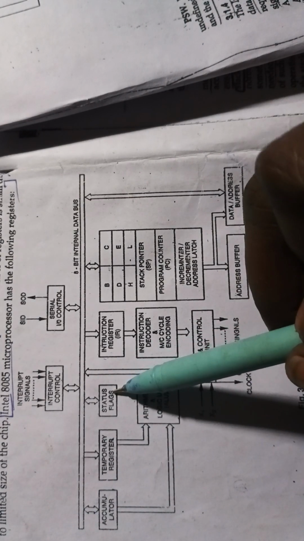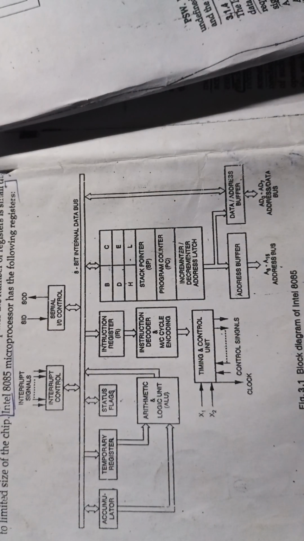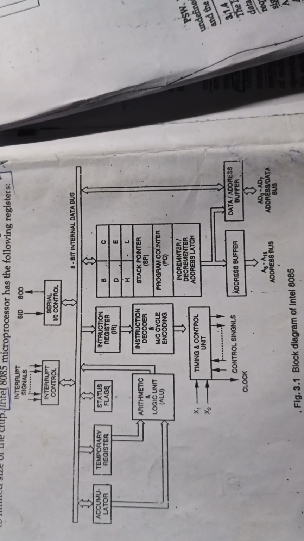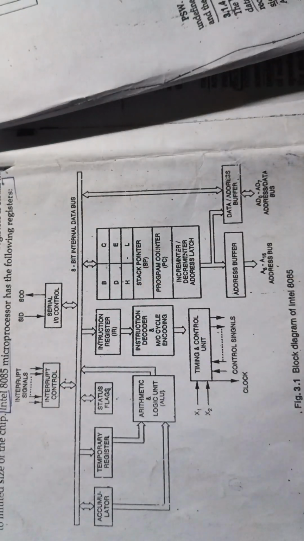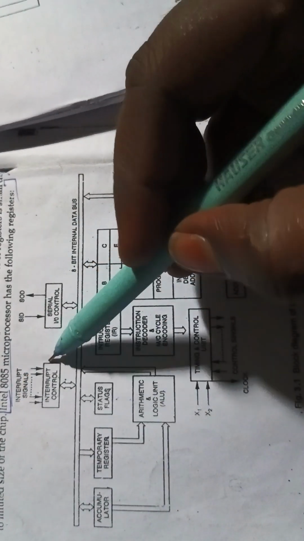Here the status block always indicates what is being done. If the microprocessor is on or off, it always indicates. And here interrupt control is controlling the microprocessor. Sometimes an external signal is given by the user, which is used to control it.